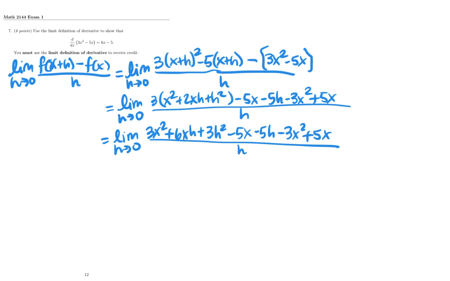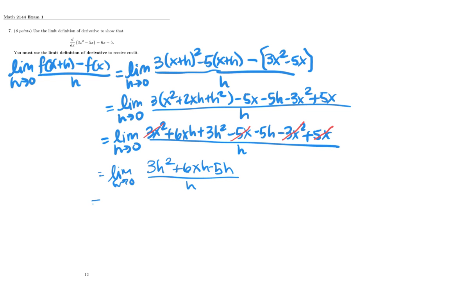Now I can get rid of everything that adds to 0. So 3x squared minus 3x squared adds to 0. Negative 5x plus 5x. Everything else is going to have an h in it. So I have the limit as h goes to 0 of, let's see, I think what's left is 3h squared plus 6xh minus 5h, all over h.